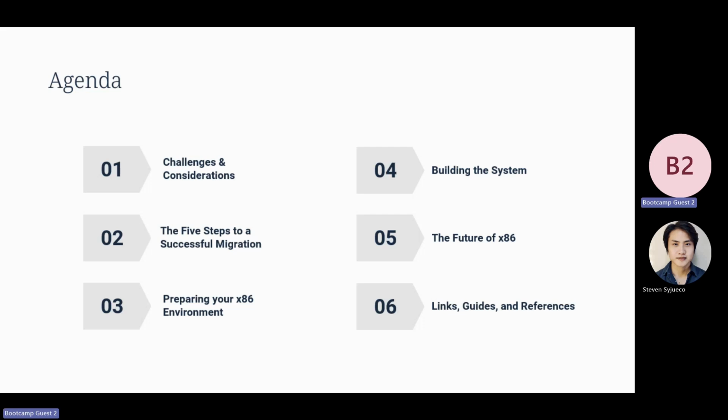After that, we go over a brief future of x86 features and some of the differences you'll notice as soon as you're converted from Alpha and Integrity onto x86. And we'll end off with time for questions and provide you with some links, guides, and resources that we use internally to achieve this setup of migration. If at any point you have questions too, feel free to raise your hand. This is an interactive presentation, but there'll be time at the end as well.